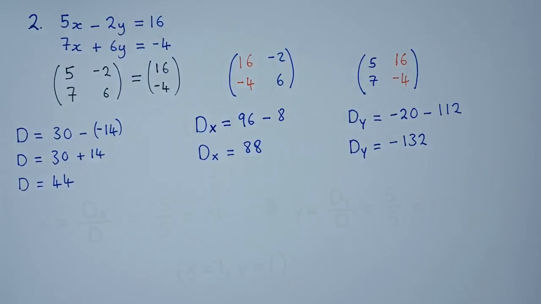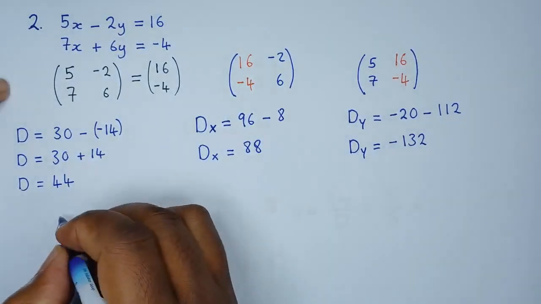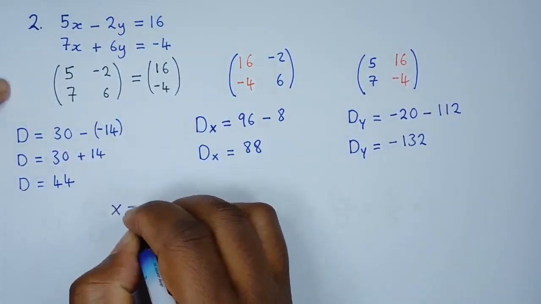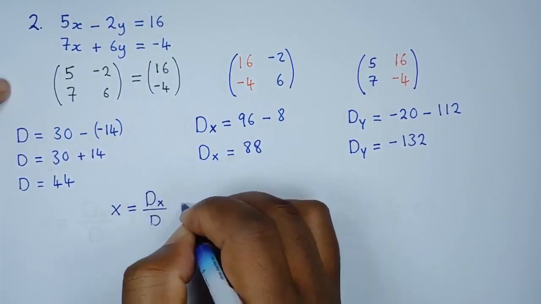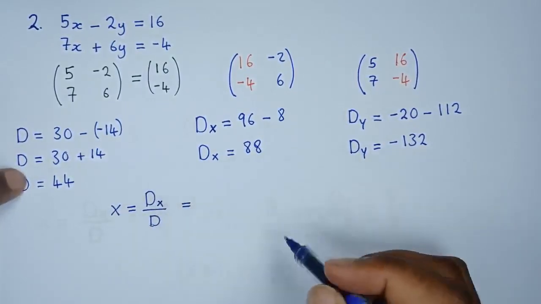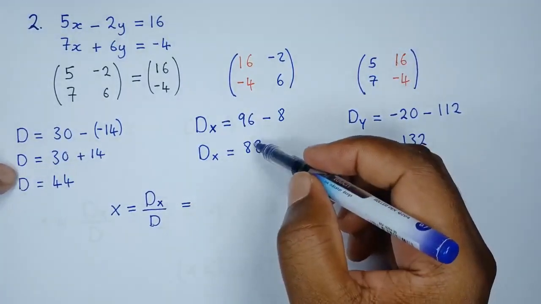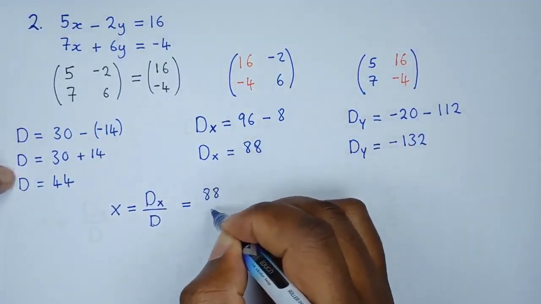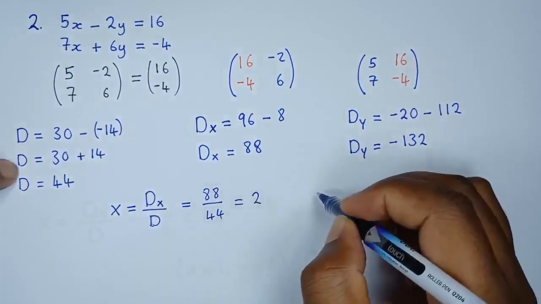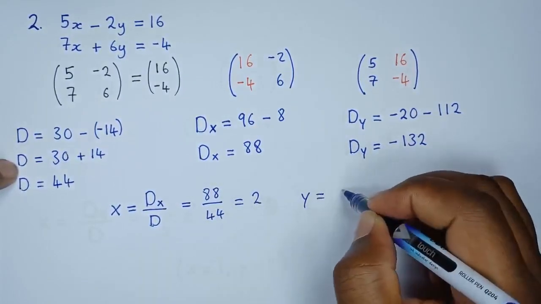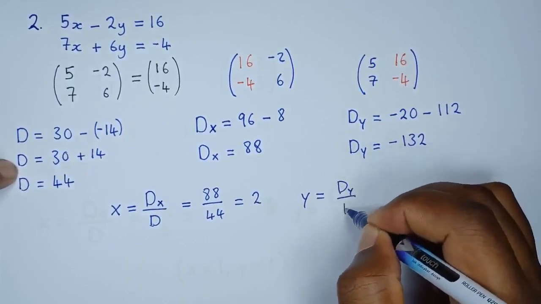So this is the difficult part. The easy part is just finding the values of x and y. So x is equal to dx over d. Remember our dx is 88 and our d is 44. So the value of x is simply 2. The value of y will be given by dy over d.